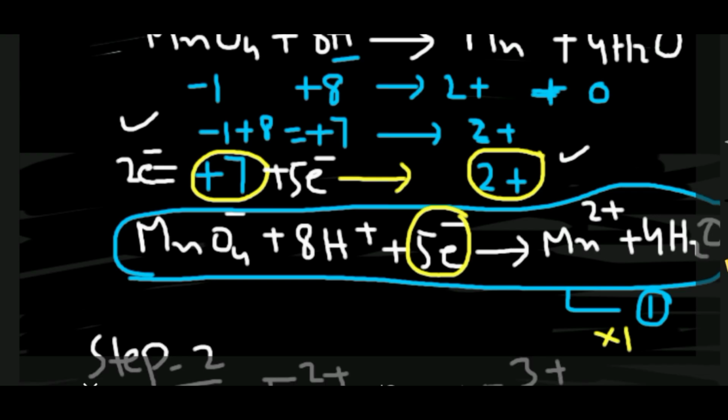So we have to multiply equation number 1 by 1. If we multiply this equation by 1, we will simply obtain the same equation, which is this one.